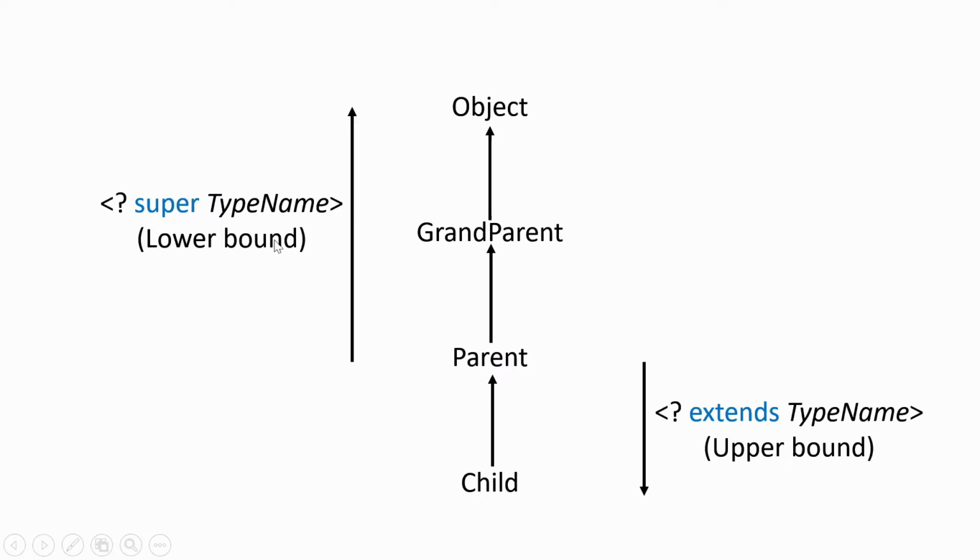Lower means going towards the object. Upper means more and more child classes, and as you know, as the class goes down, it adds more and more methods. So child has methods of everyone. That's what we say upper bound, this one, and lower bound going towards the object.